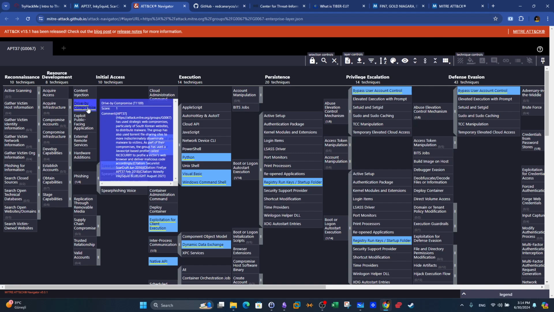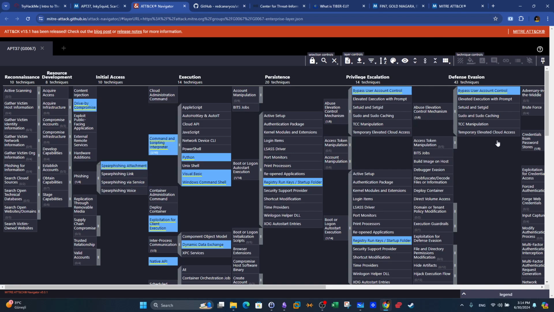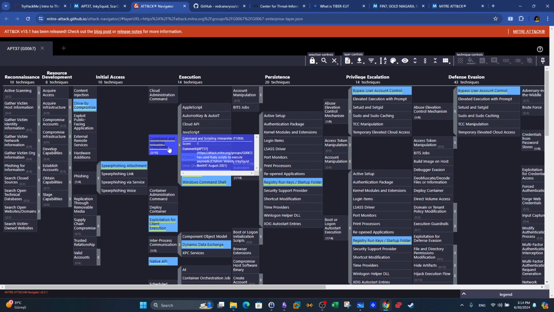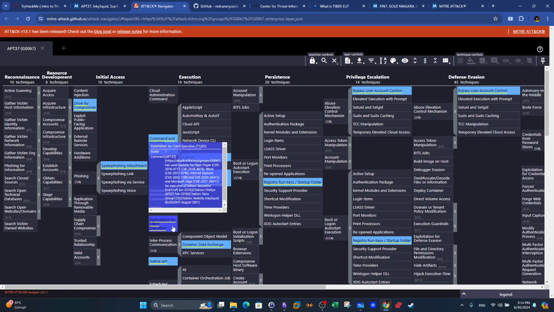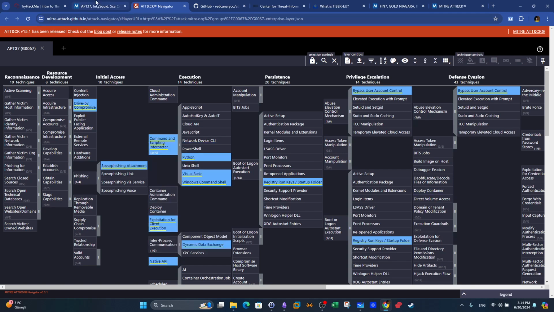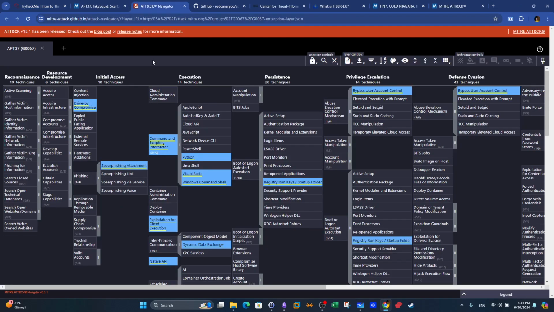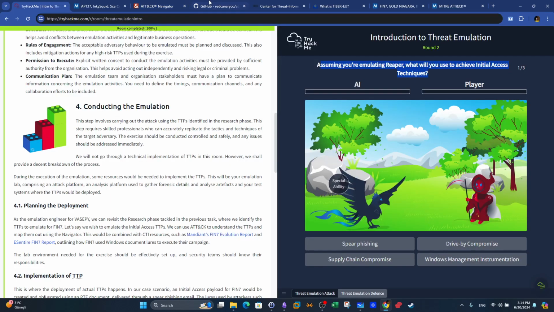We have drive-by compromise, we have spear phishing attachment, command and scripting interpreter, exploitation for client execution, external APIs. Okay, so here, spear phishing and drive-by compromise. Since spear phishing is not clearly defined, as stated in the techniques here, we have attachment, link, service. Which one? Not stated. So we're going to stick with drive-by compromise as shown here.